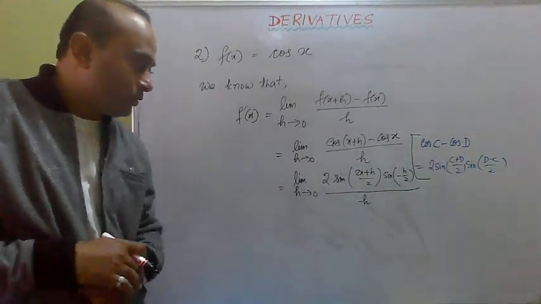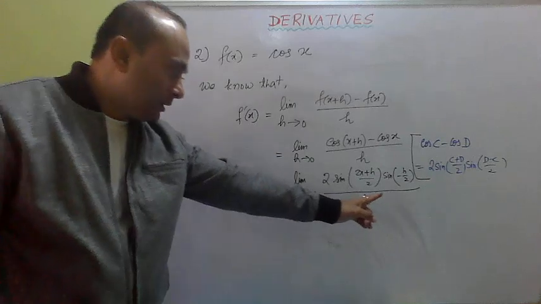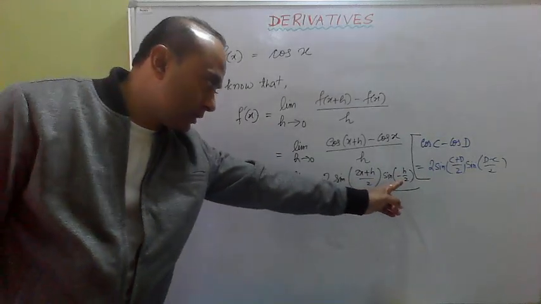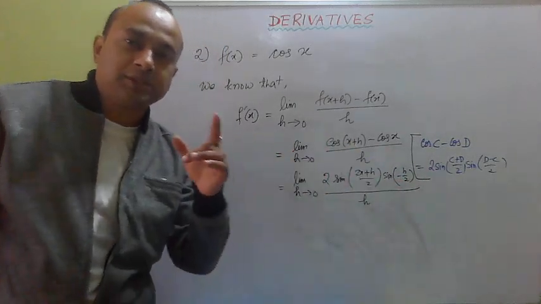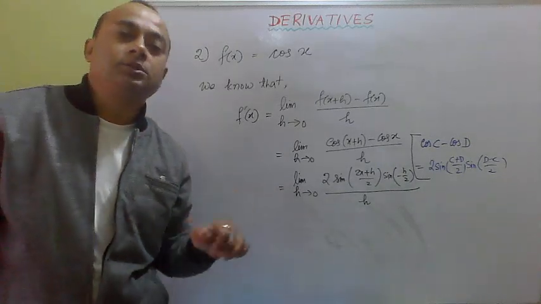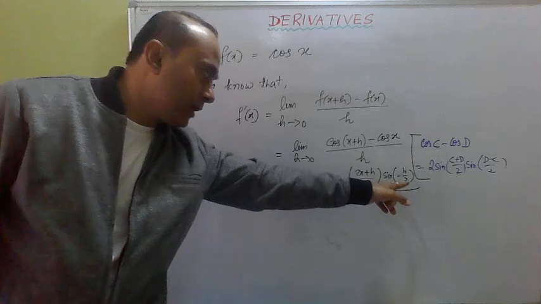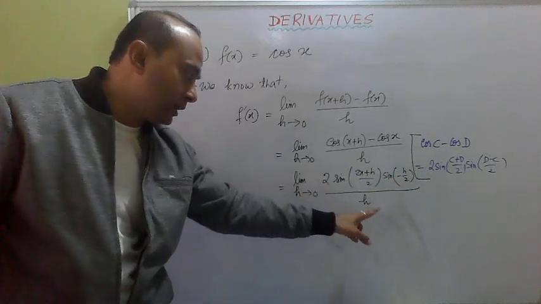Next, what are you going to do? You see, in this sine the angle is h by 2 and there is also a minus sign associated with it, and we know that sine of minus theta is equal to minus sine theta. So this minus sign will come out, and this 2 I will bring down.